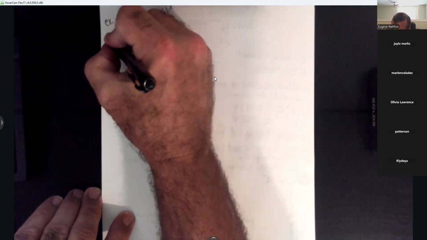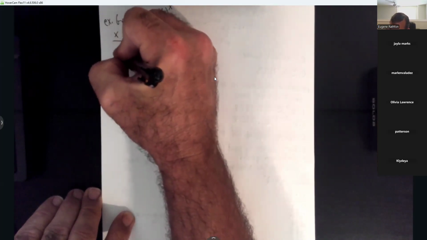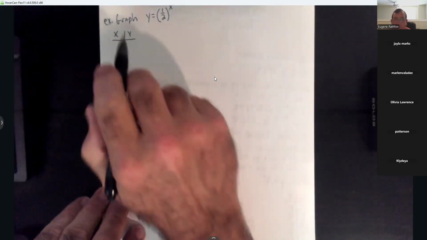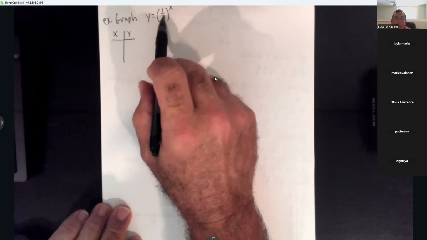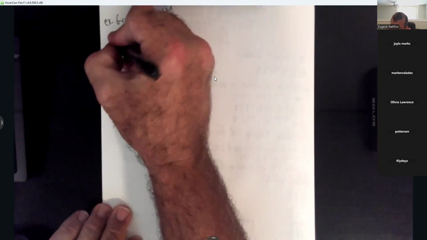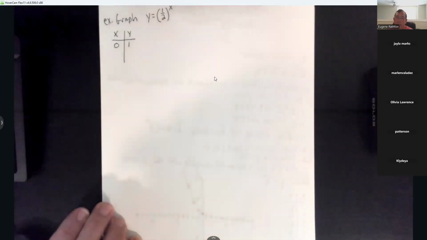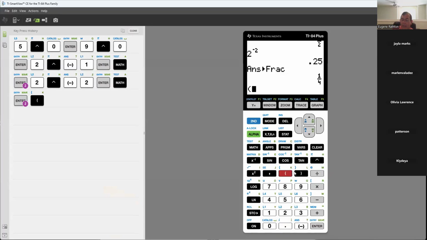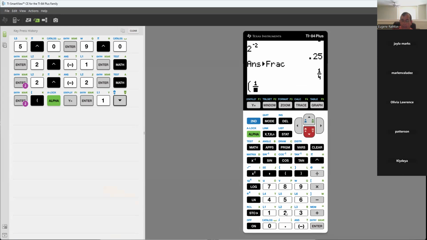So I'm going to make me a table. Now, if I put a 0 there, 1/2 to the 0 is still going to equal 1. If you were to do that one on the calculator and you wanted to figure out what that equaled, you would have to put that fraction in parentheses, and then put your 1/2.